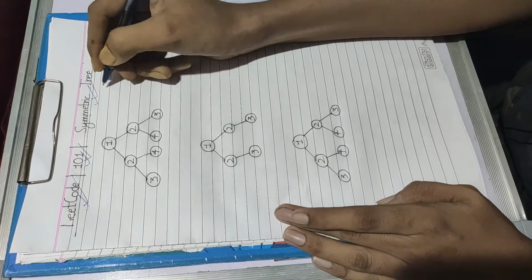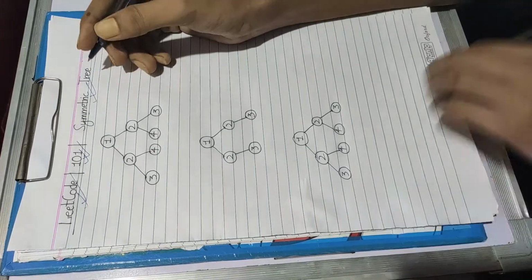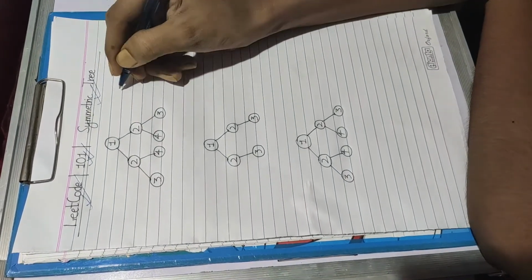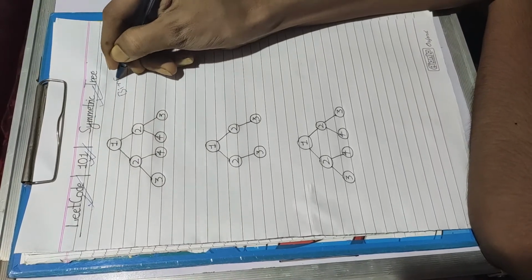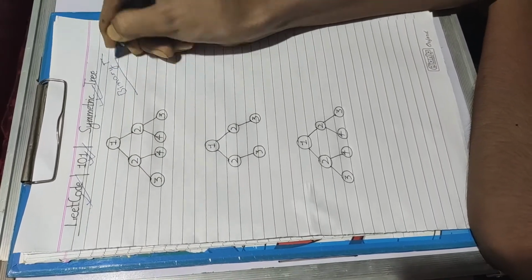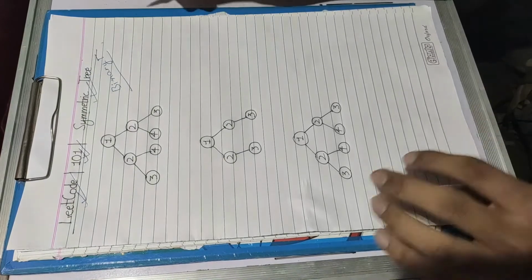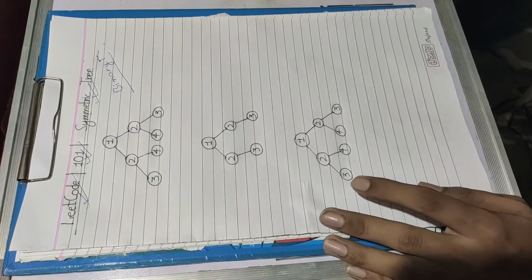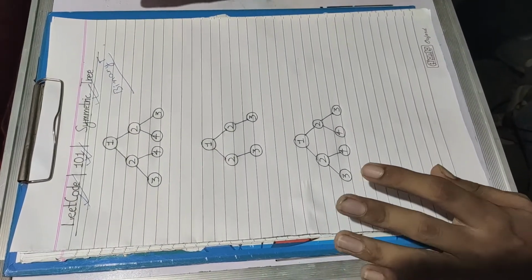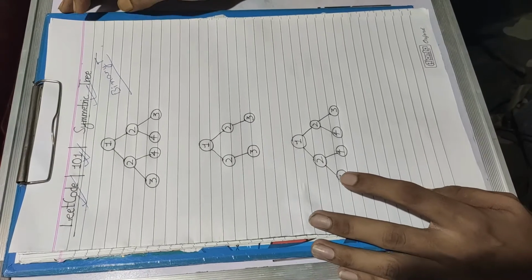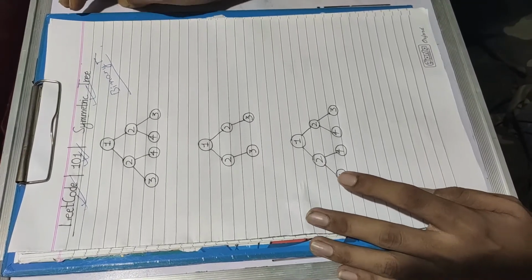So the problem statement is basically we are given a binary tree, and we have to find out whether the given binary tree is symmetric or not.